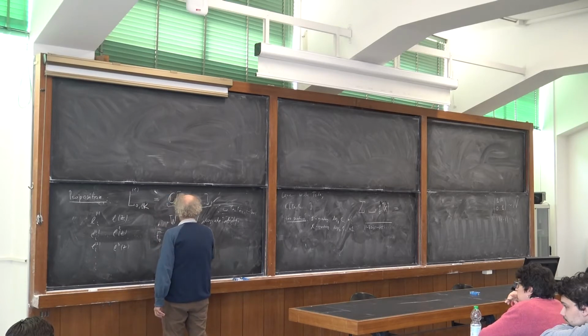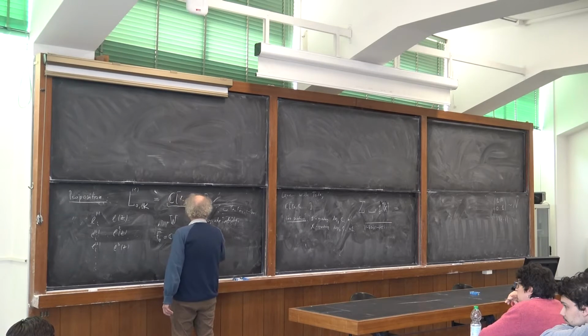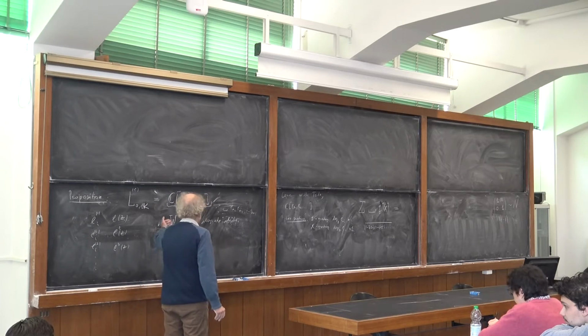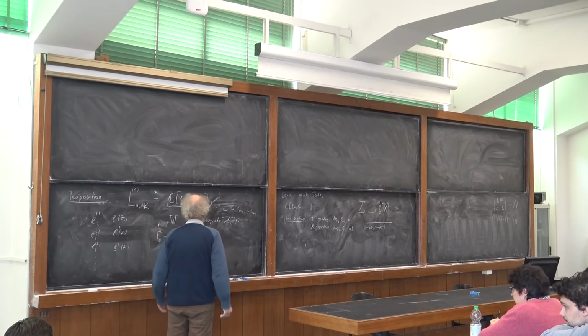F1 is constants plus V. In principle, the constant can be an element of V, but anyway, I just take the sum.